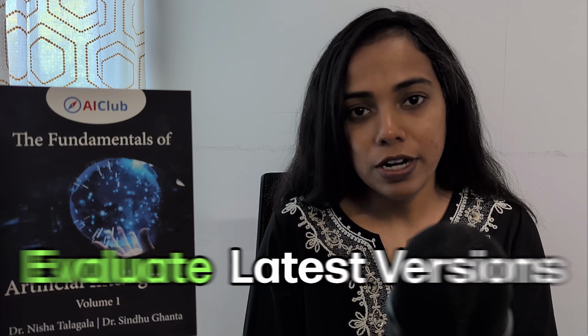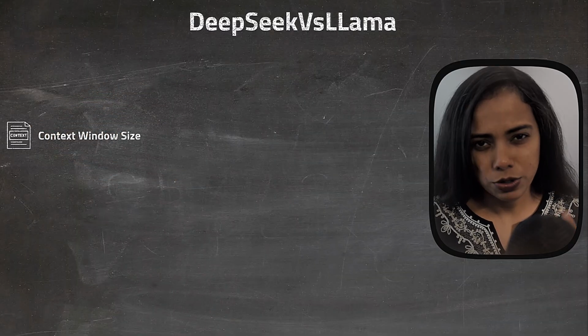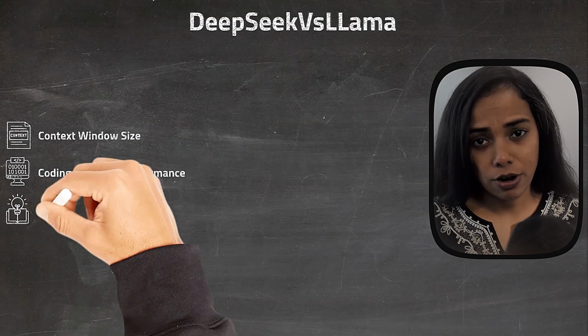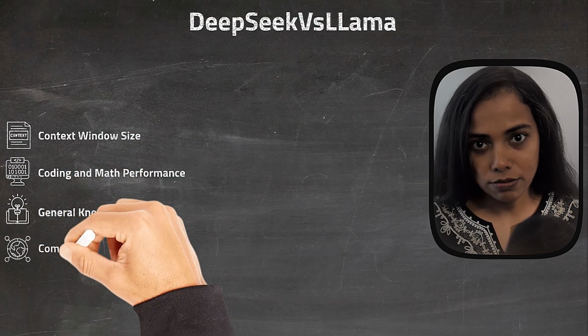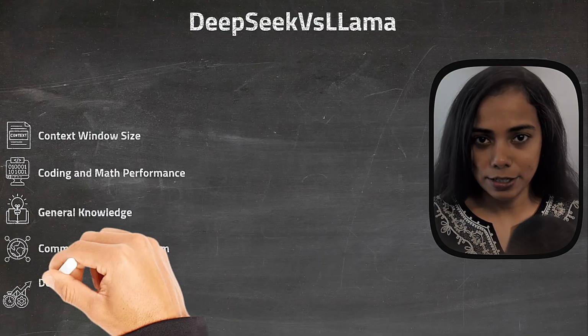Let's now introduce a clear framework to compare these two open source models. We'll evaluate their latest versions across 5 key criteria: context window size, coding and math performance, general knowledge, community and ecosystem, and the deployment efficiency and speed.